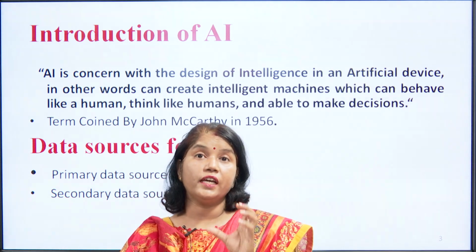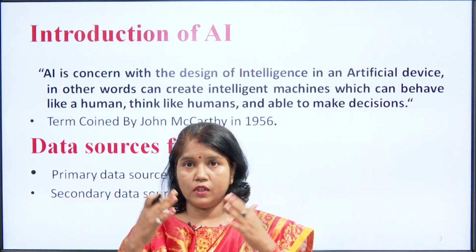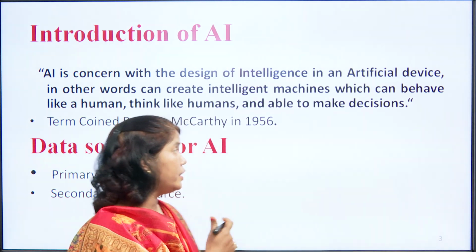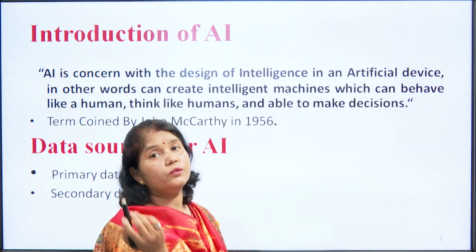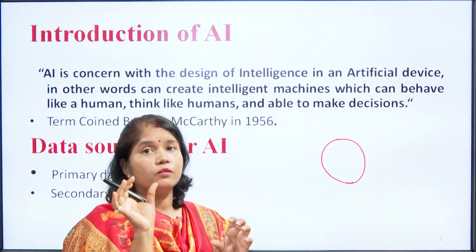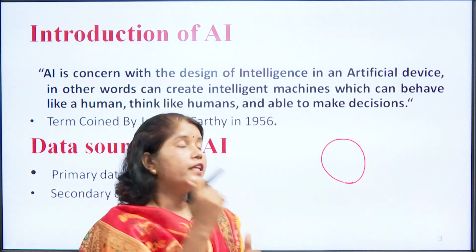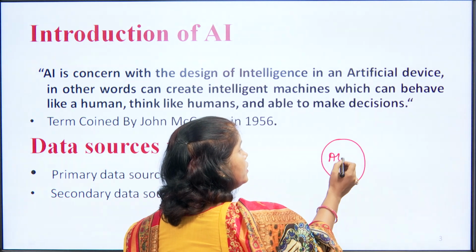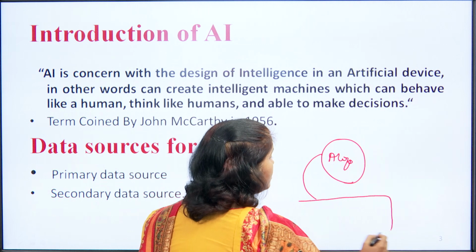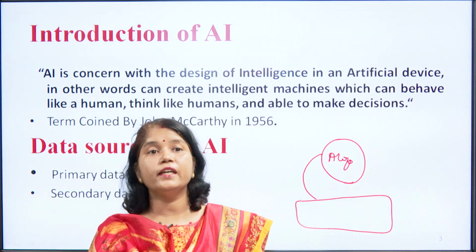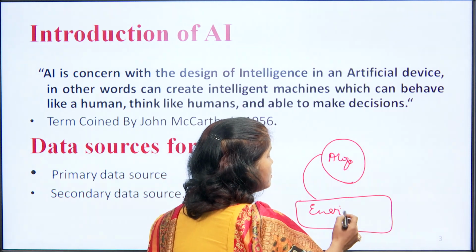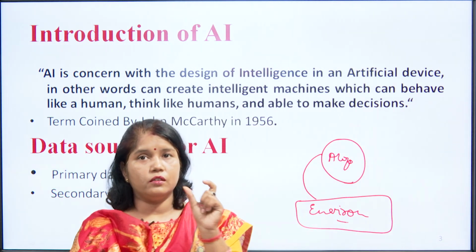What kind of approach should AI have? If I am talking about the approaches of AI, you will write your problem in a step-by-step manner, which is said to be the algorithm. Then you will take the input from the surrounding, and the surrounding is the environment.